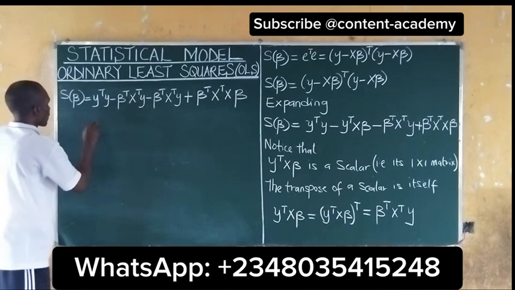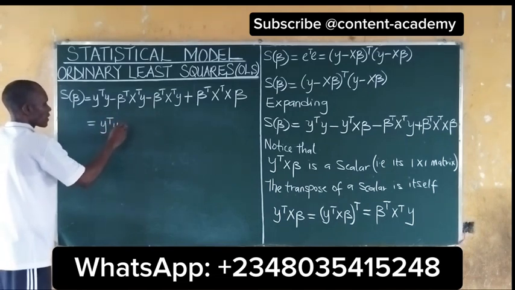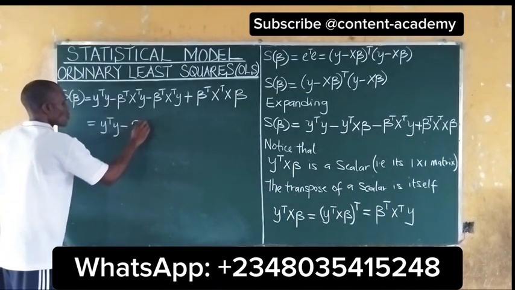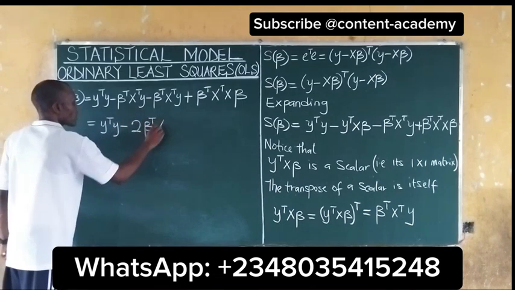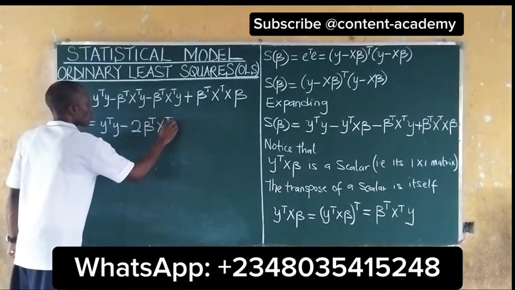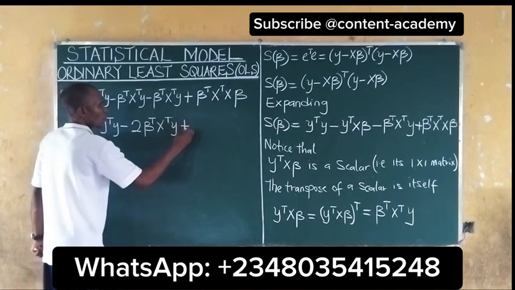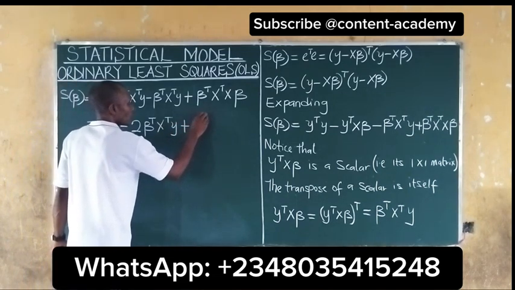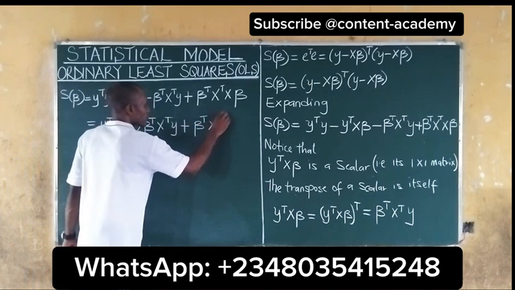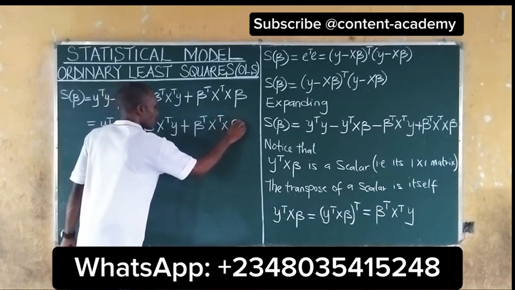Since we have an identical item here, we can write y transpose y minus 2b transpose X transpose y plus b transpose X transpose X then b.